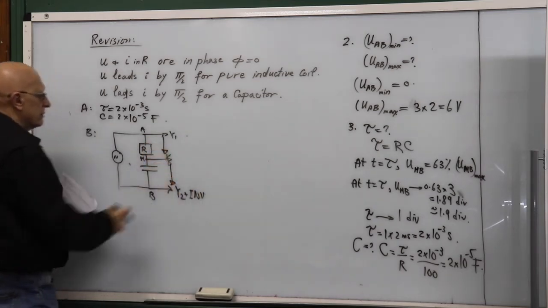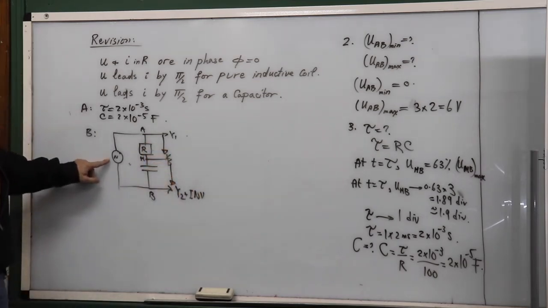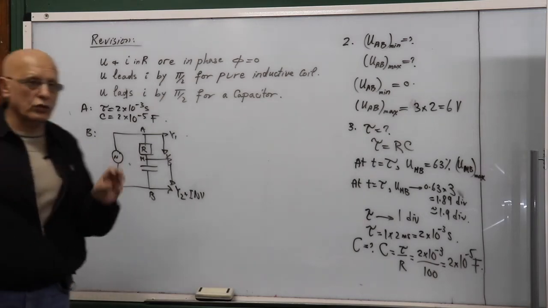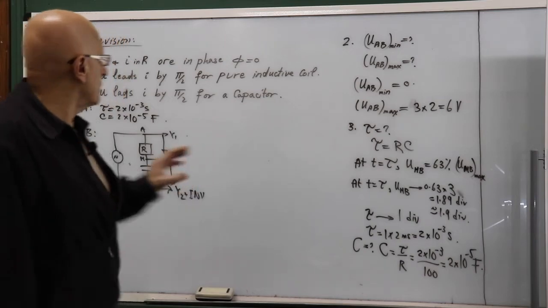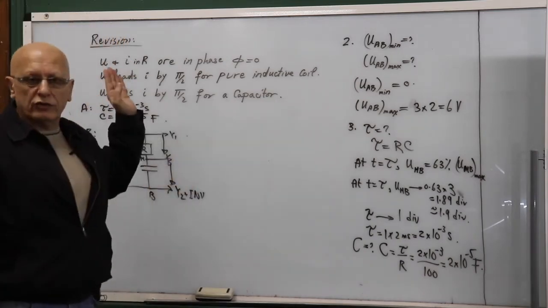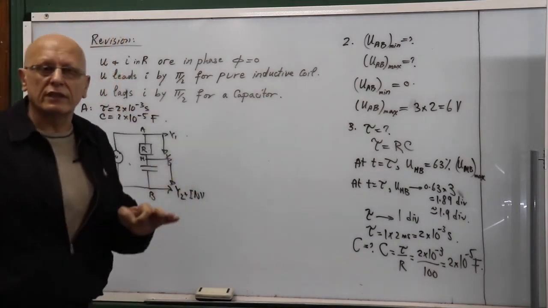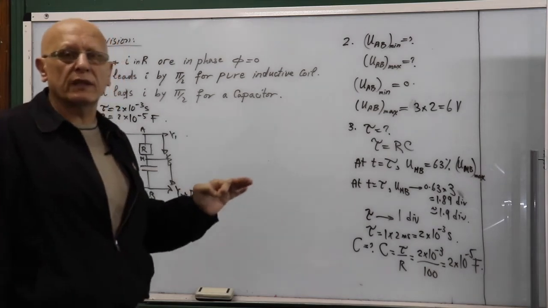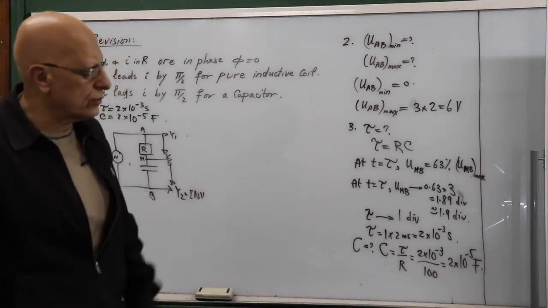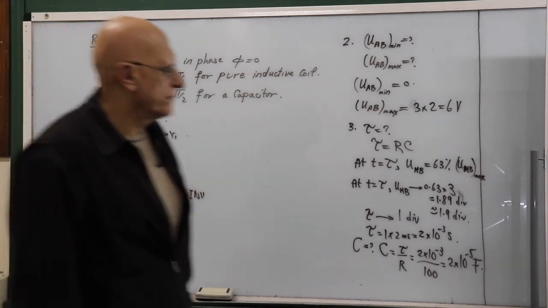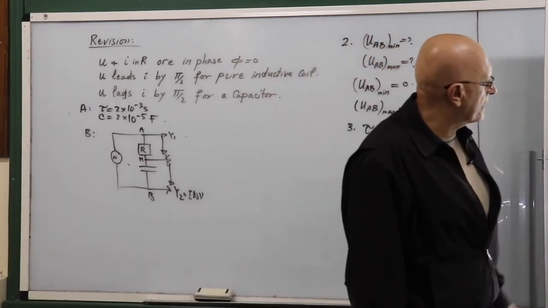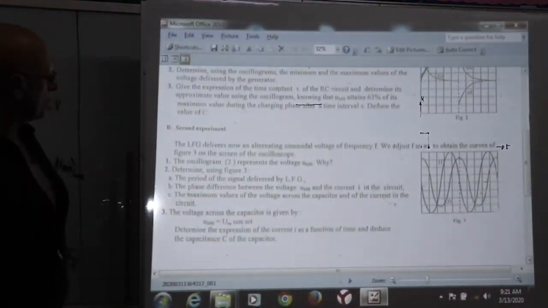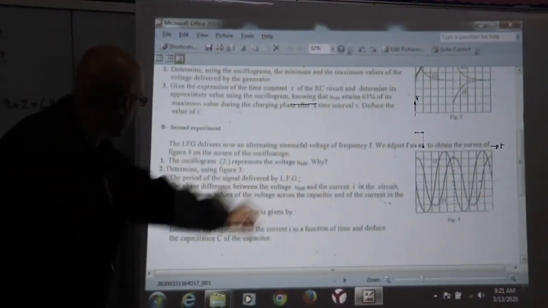So in this part you should concentrate on the voltage and current delivered by the alternating sinusoidal voltage. The low frequency generator delivers alternating voltage of frequency f, and we adjust f so as to obtain the curves of figure 3.